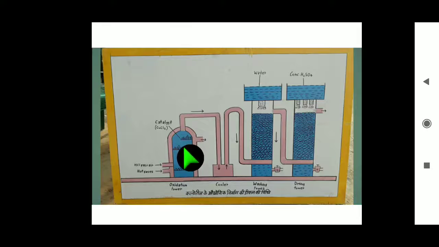The chamber contains cells. The number of cells is 1, 2, 3, 4. Here I have given a rough diagram. So the 4 cells.